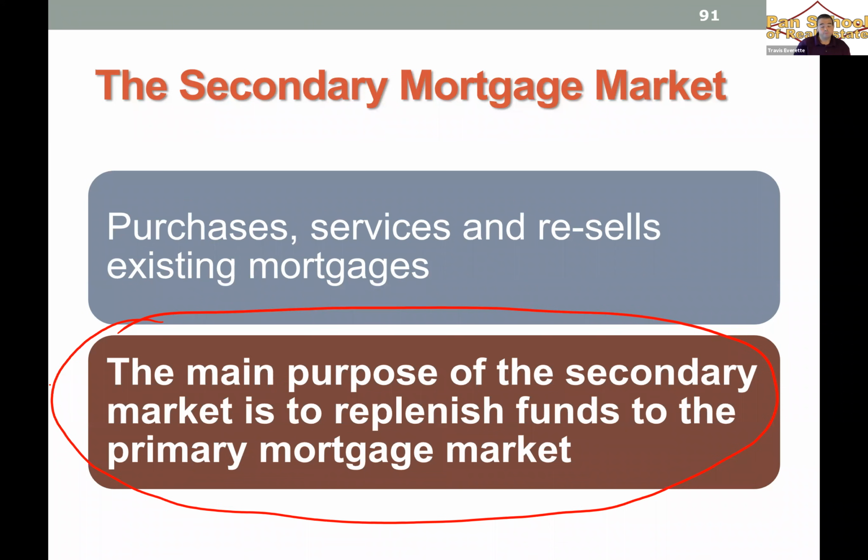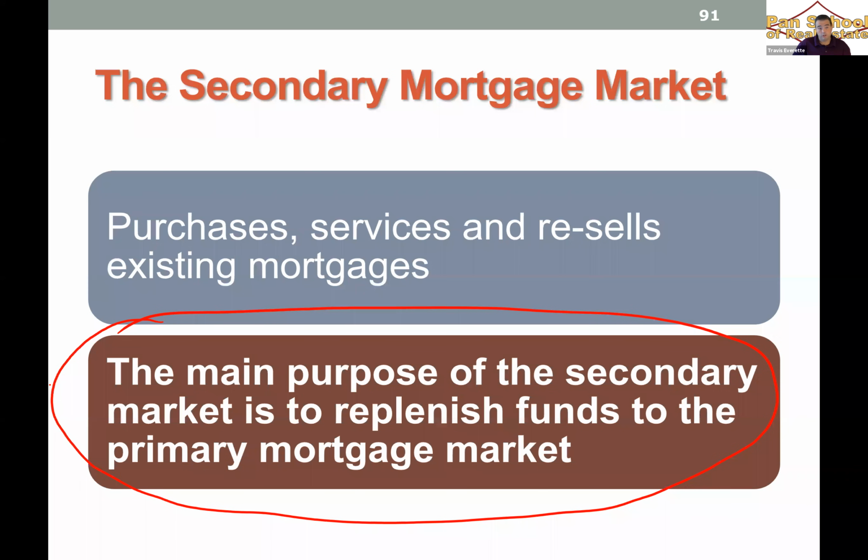Matter of fact, one of the biggest lessons the United States learned out of the Great Depression was that banks not having money to lend makes any economic problem 1,000 times worse. At that point in time, there was no secondary mortgage market.